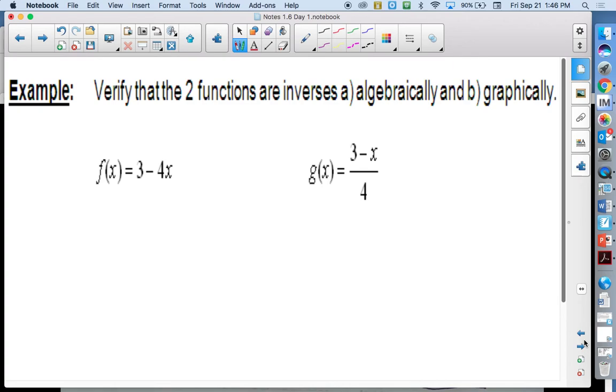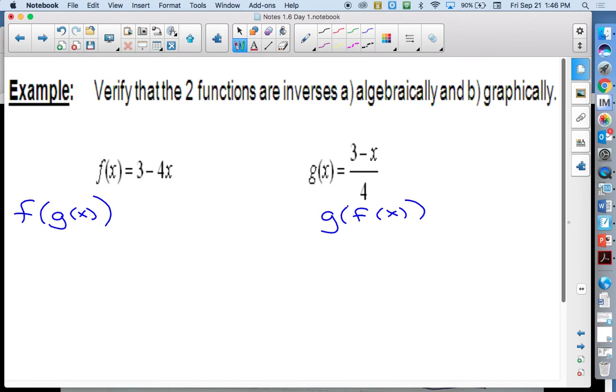So underneath, verify the two functions are inverses algebraically. Let's start with that. So if we're verifying they're algebraically inverses, we're going to show that f of g of x is equal to x, and we're going to show that g of f of x is equal to x. You're not going to switch x and y and find a new equation. We have the equation.